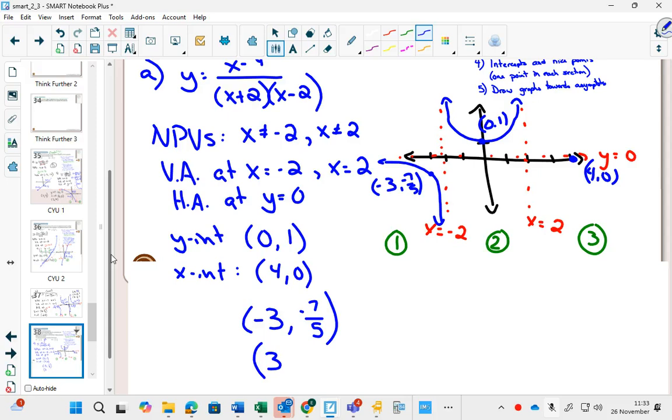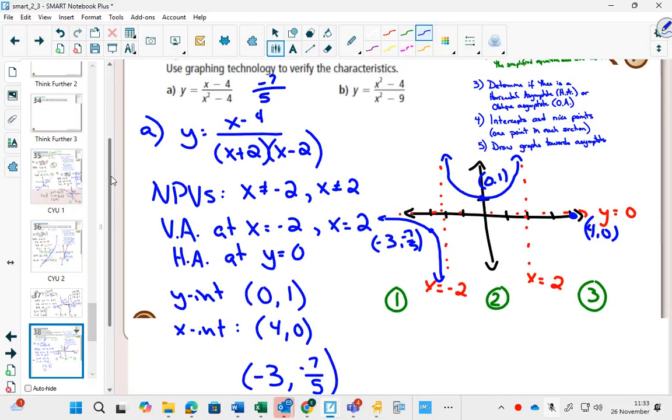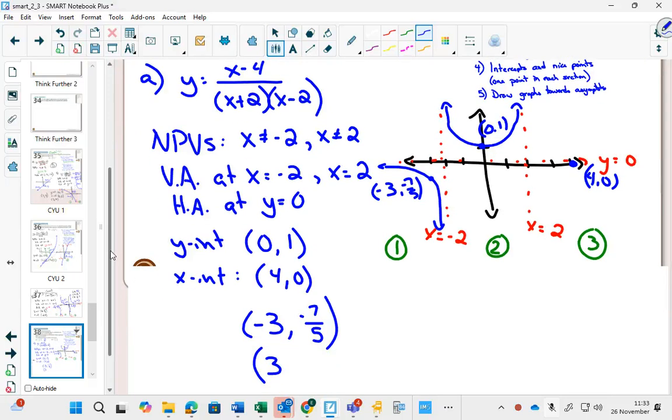If I plug in positive 3, 3 minus 4 would be negative 1, and 3 squared is 9, minus 4 would be 5, so negative 1/5. That's going to be below. I know that it has to go down.